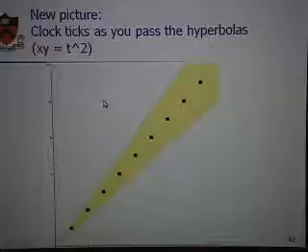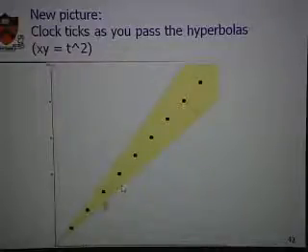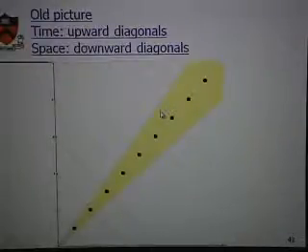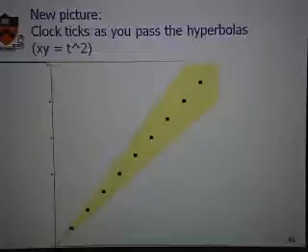So it's xy equals t squared, where t is the time. And the reason why that is t squared is it goes through the same points as it did last time. Let me go back. There's the picture that we had last time. So all I'm going to do is say that we can imagine that this is the way clocks tick.